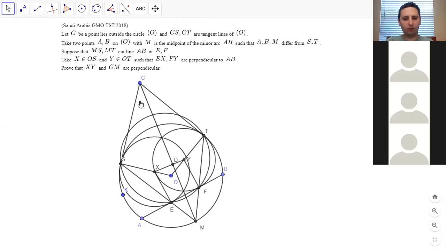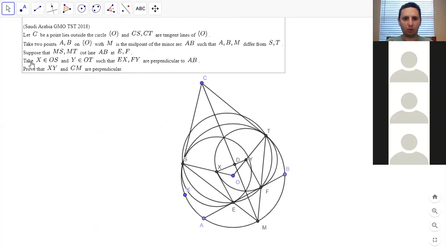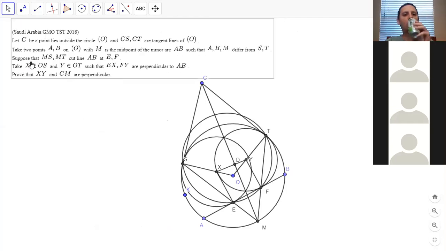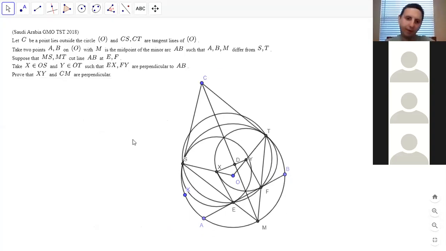So first we use an angle chase to show SX is XE, and TY is YF. Angle XES is 90 minus SEA, which is half of the sum of those two arcs.